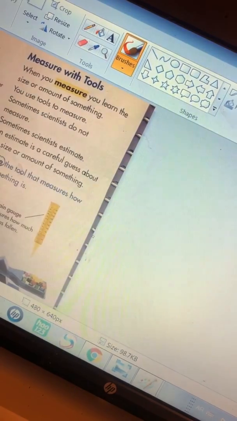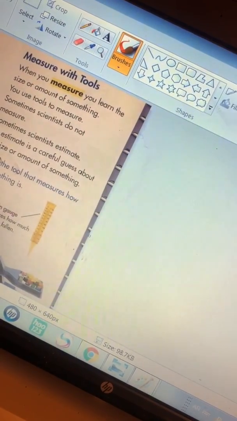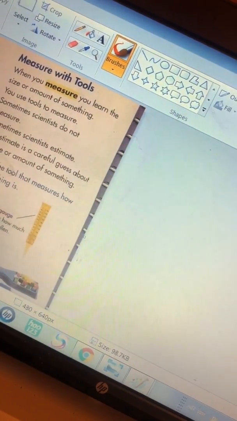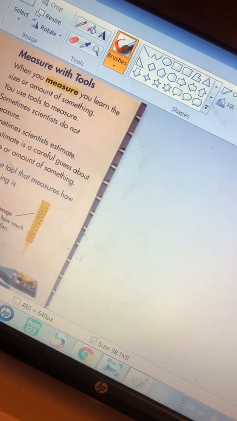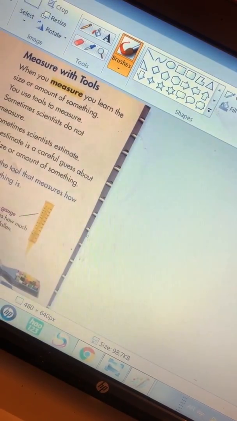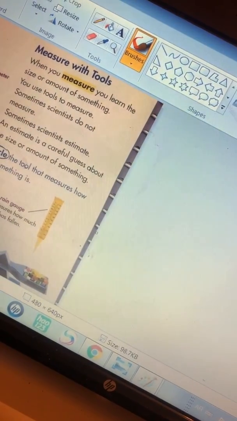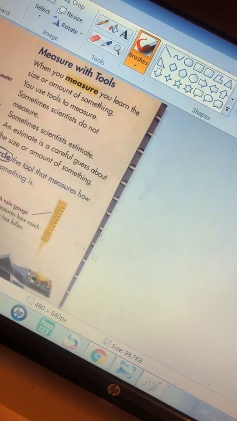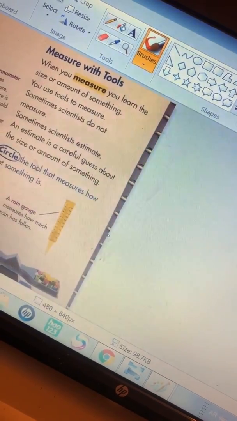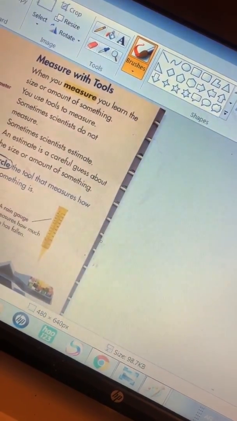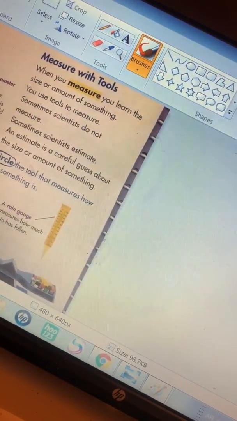So we want to measure the volume of this milk. Measure to learn or to know the size or amount, how much we have, or what is the size of this object, how long is it, and also we can measure the temperature, how hot or cold something is.